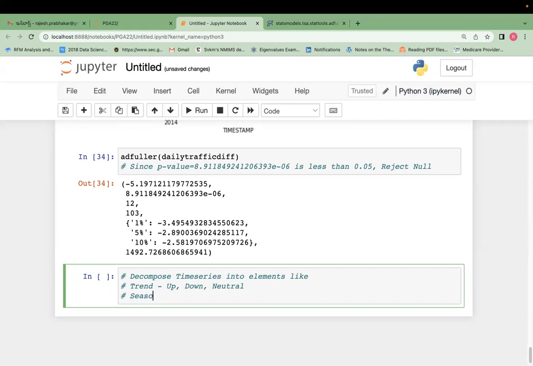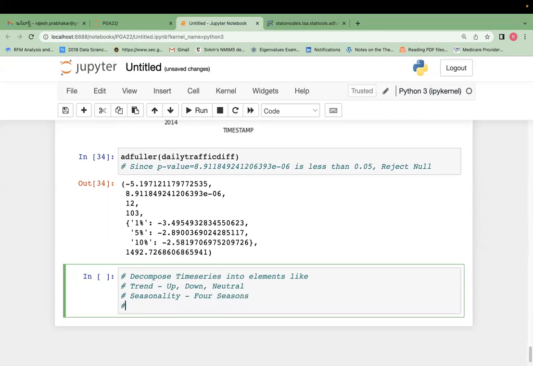Seasonality, the 4 seasons, then residual or error or random: actual value minus predicted value.